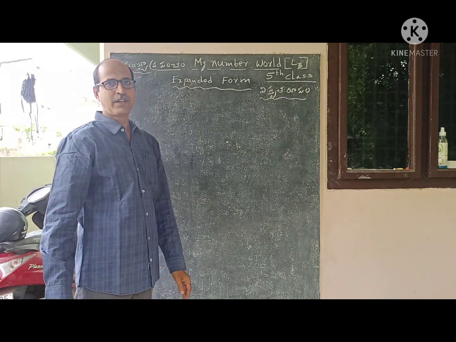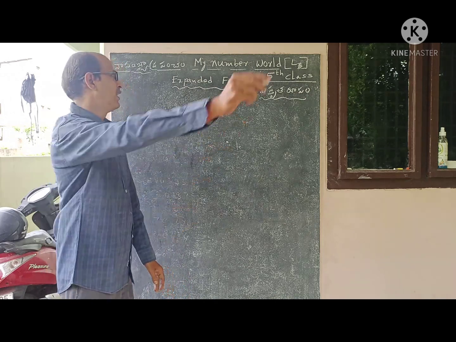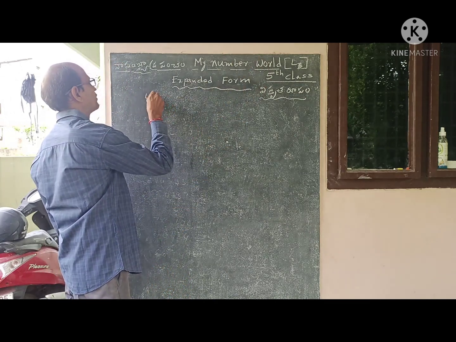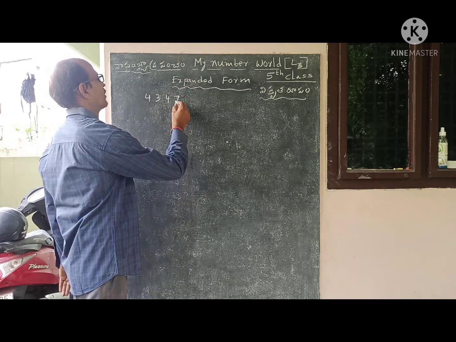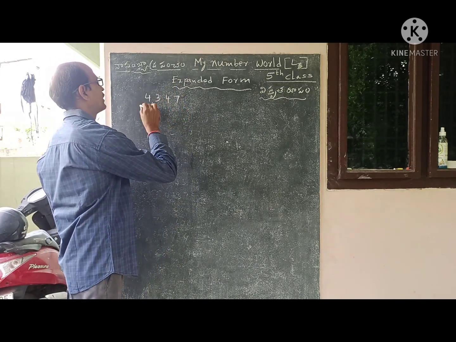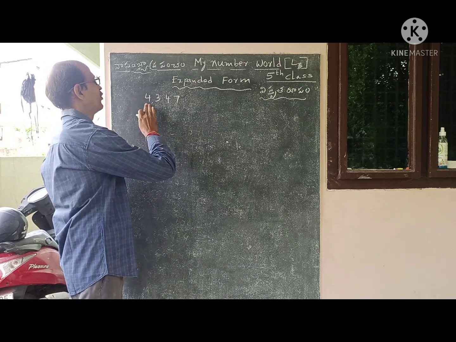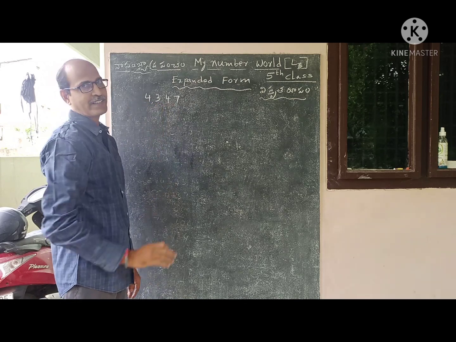At the beginning I will take a small number. Now tell, what is this number? Ones, tens, hundreds, comma, thousand. What is the number? 4,347.